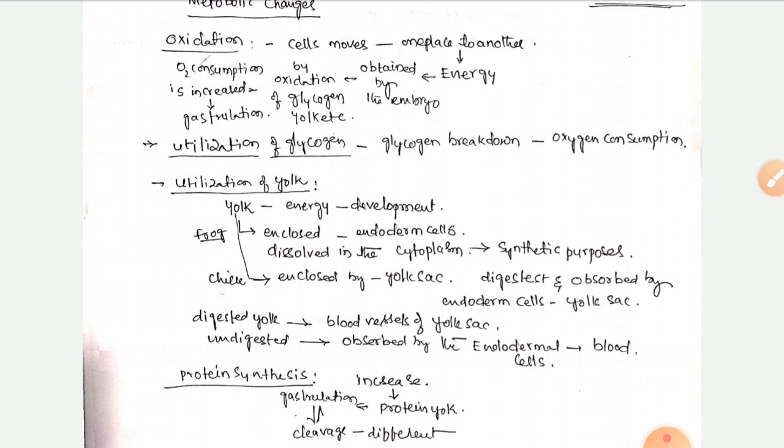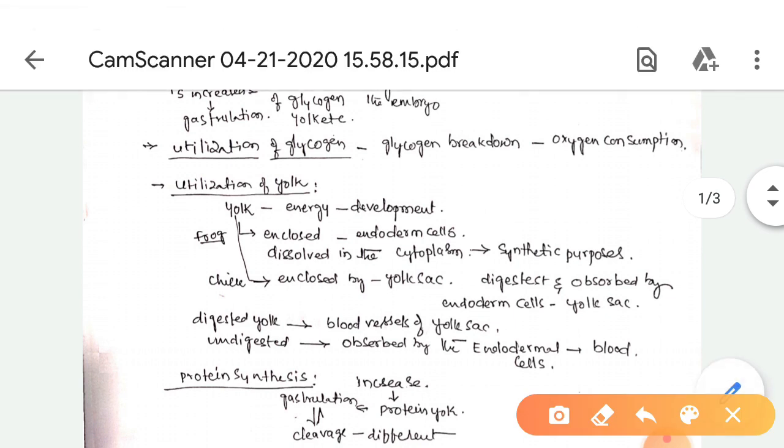When a high amount of oxygen is needed, the glycogen breakdown also rapidly increases in that place.